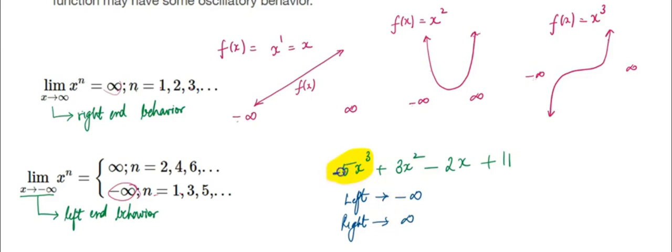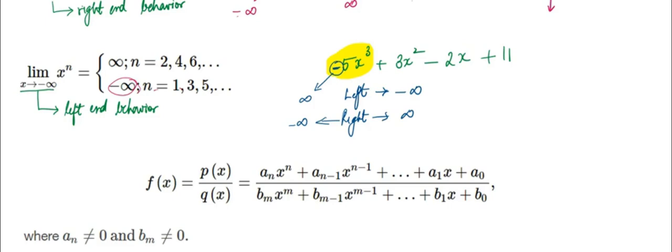If there was a negative sign, then this gets flipped. So the left end will be positive infinity, and the right end will be negative infinity. So we can get a lot of clues algebraically to discuss the end behavior. But here we're using calculus to discuss the end behavior, because we're talking about the limits.